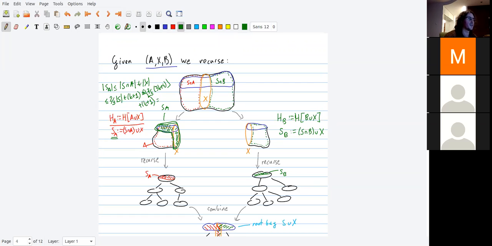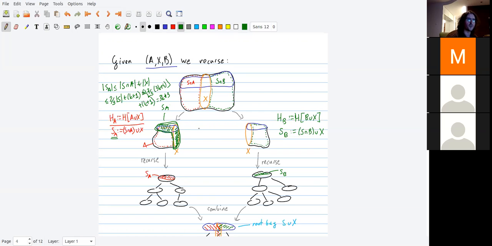Now when you look at it, 2/3 of 3k plus 4 is like 2k plus something, which rounds down to 2k plus 2. 2k plus 2 plus k plus 1 is 3k plus 3. So the idea is that we have now added this separator X to the boundary of the left side.